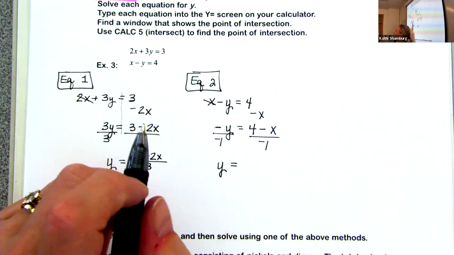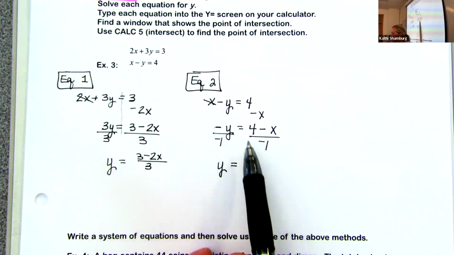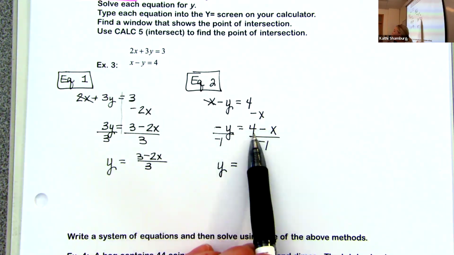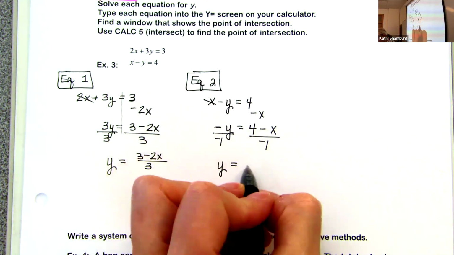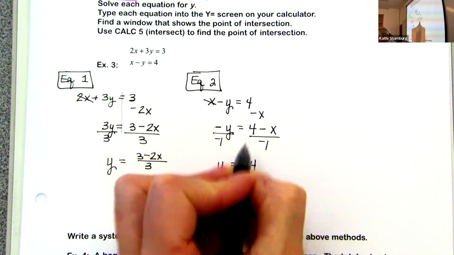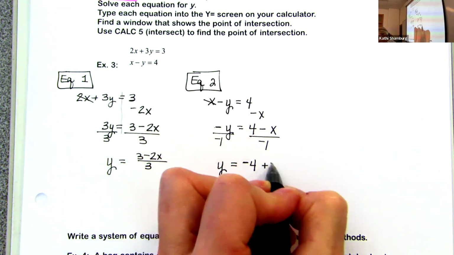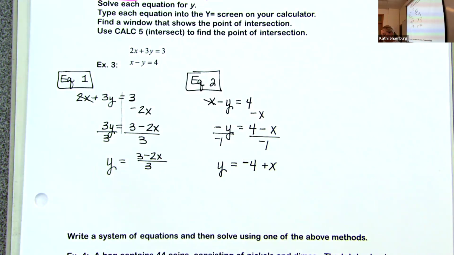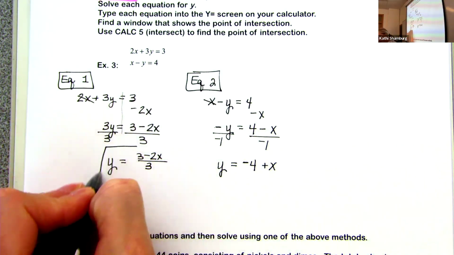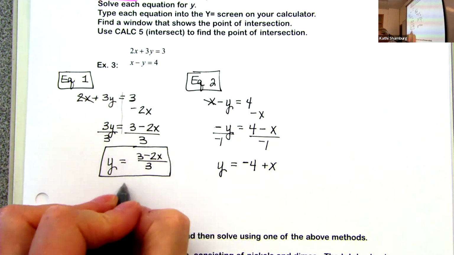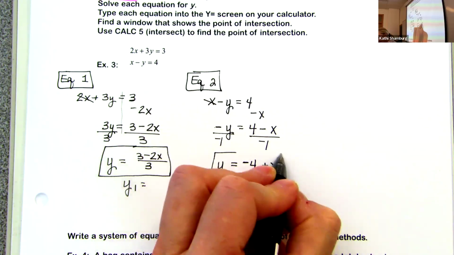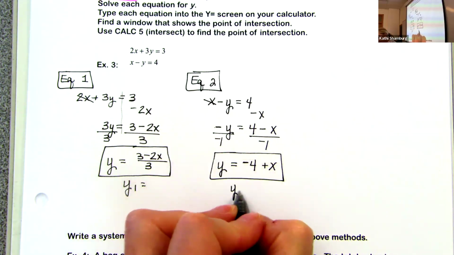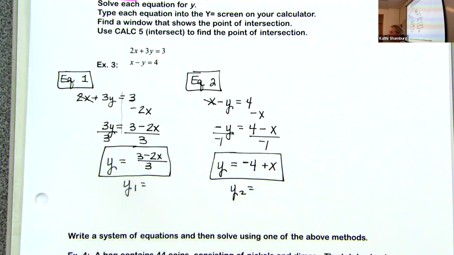But y'all, when you divide by -1, all that does is change the sign of each term in the numerator. So that 4 would become -4, and this minus x would become plus x. So this is what I want to put into my calculator in the Y1 equals. And this is what I want to put into my calculator for the Y2 equals.